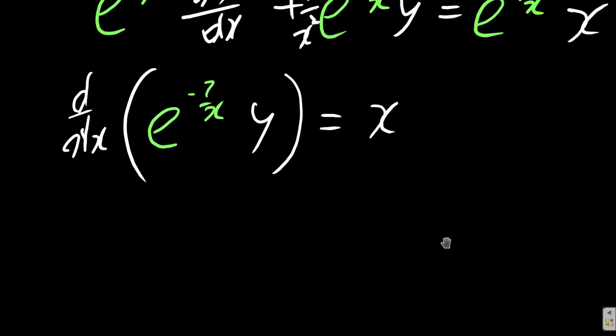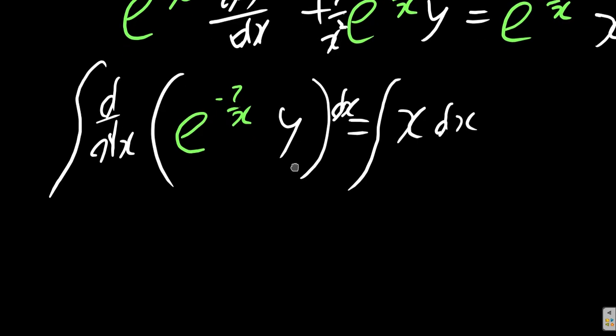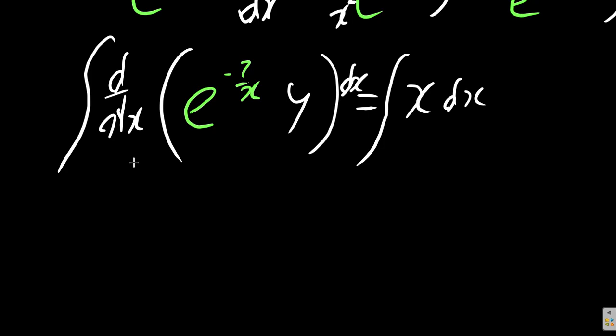So what we do now is integrate both sides. Since I put the integral sign, I need to show what the variable is. It's dx. So therefore now, when you have the integral of the derivative of a function, the integral and the derivative cancel each other out, leaving the function undisturbed, just as it is.